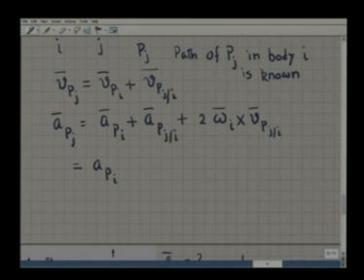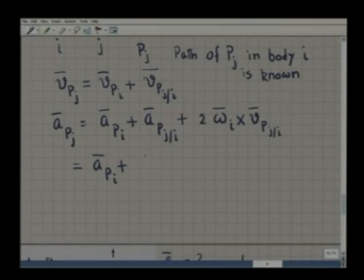This I write APi plus. There are two components of this APji. The path of Pj in body i is known. So, this has two components, one normal to the path and the other tangential to the path.